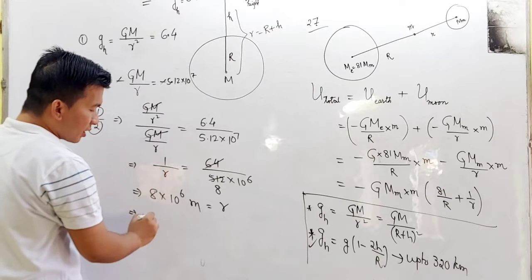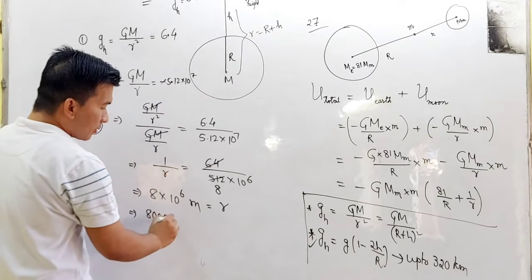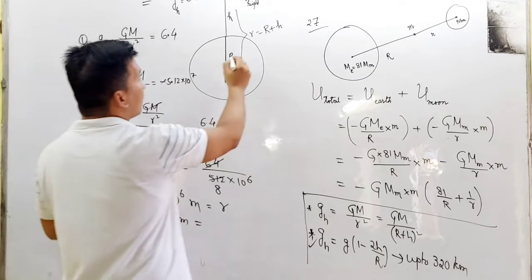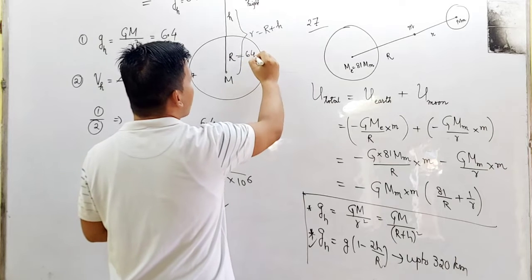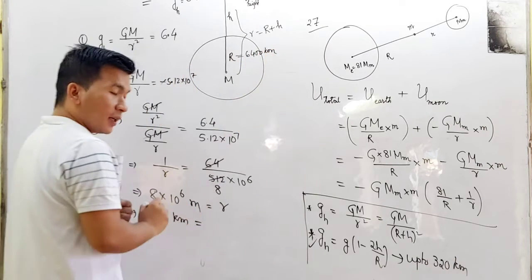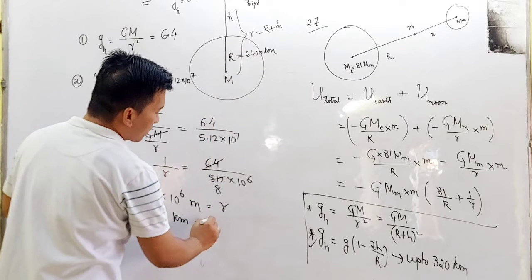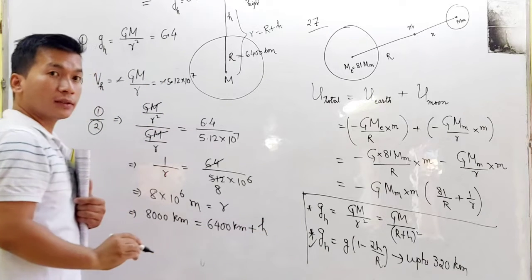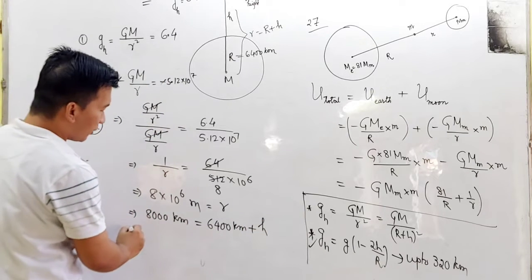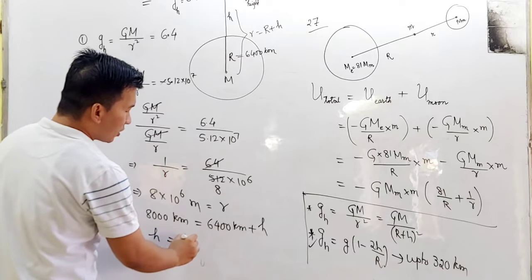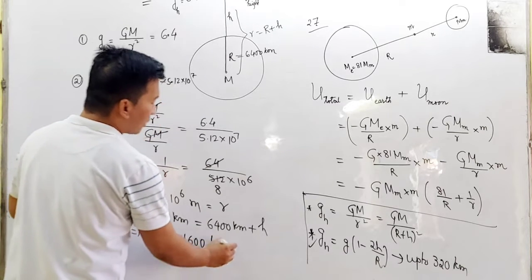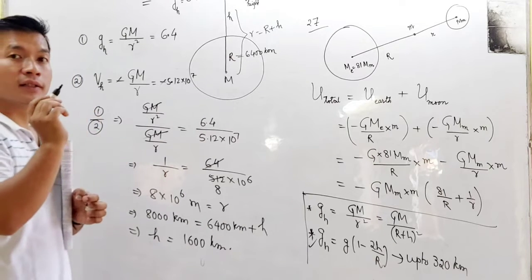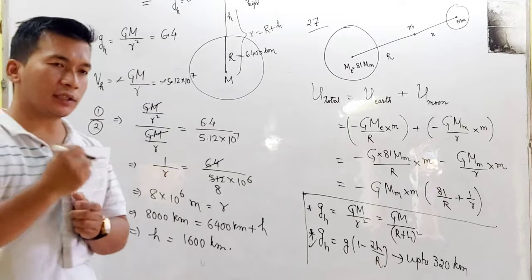Can we put it as 8000 kilometer? Small r is R plus h, where capital R is 6400 kilometer. So h will be equal to 1600 kilometer.